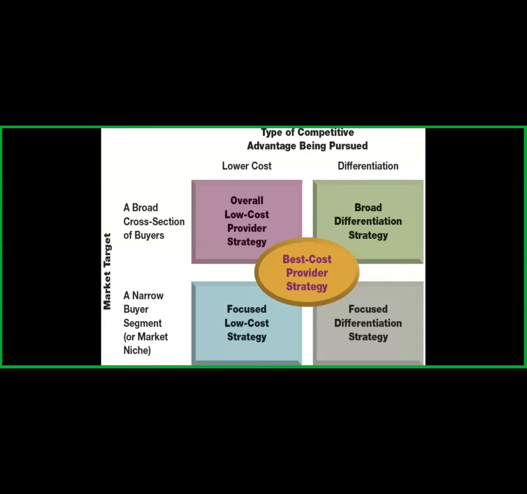So these are the strategies that we are going to discuss, which talk about lower cost, which talk about differentiation, and which are based on a broad cross section of buyers and a narrow buyer segment or buyer market niche. So that is what we will be discussing in tomorrow's session.